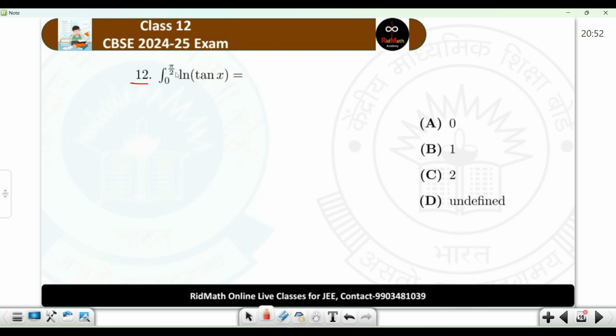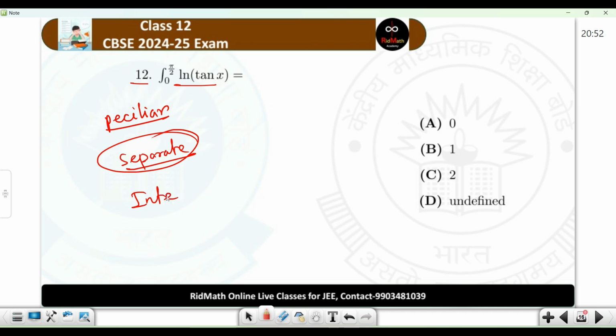Integration 0 to pi by 2 ln tan x. So this integration is a peculiar integration. And I will try to make a separate video for some peculiar integrals, where I will solve some integrals which are not common or which are standard and often we use the results.